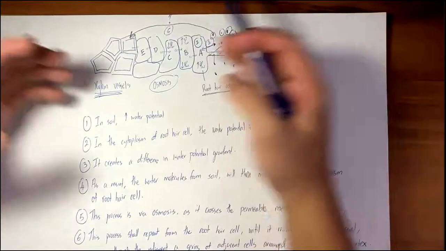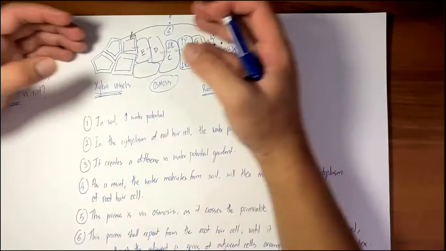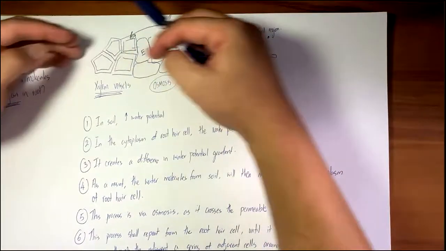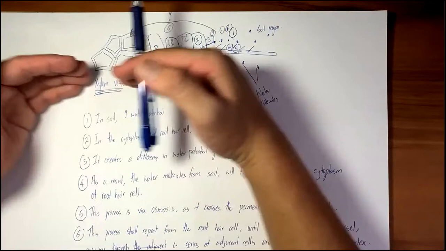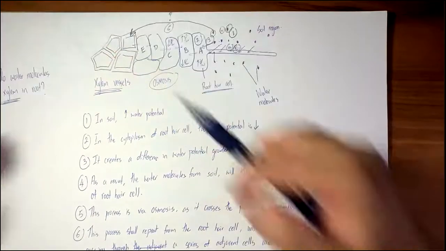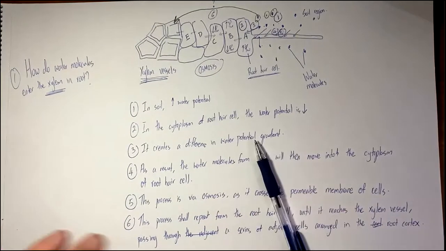So all at the same time, a lot of water molecules are being absorbed, and they will enter into the xylem from every direction, from every corner of the roots. Okay, so this is the first part, how the water molecules enter the xylem in the root.